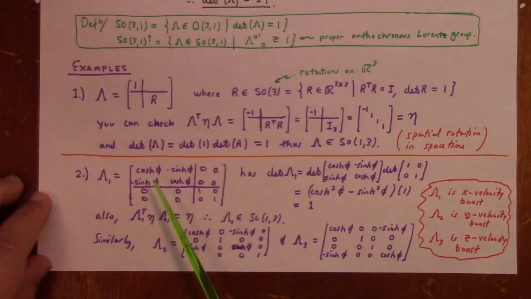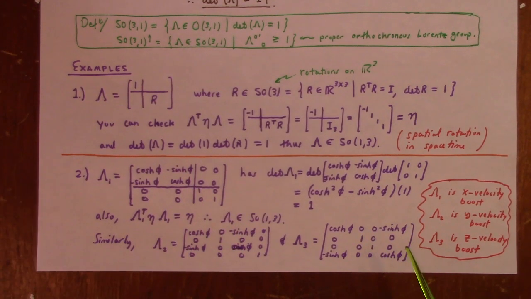So things like this, you've got cosh, minus sinh, sinh, cosh, and then of course you can play the game putting them, instead of in the first coordinate, in the second coordinate, or in the third coordinate, so to speak. Lambda 1 is an x velocity boost, lambda 2 is a y velocity boost, lambda 3 is a z velocity boost, and you can check that these satisfy the condition lambda transpose eta lambda equals eta, whether you have 1, 2, or 3 here.